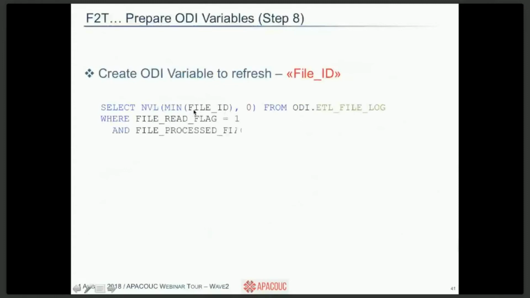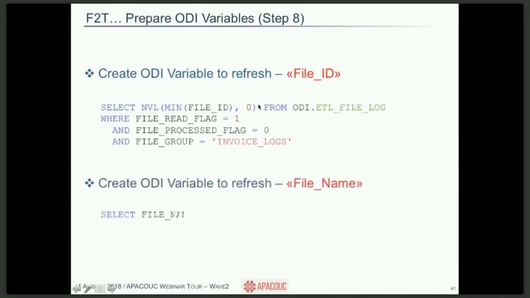So for the variables, as I told you, there is the minimum file ID. If there is no minimum file ID, return it as 0 to avoid any errors within ODI procedures. And the file read flag should be equal to 1, so it should be read and it shouldn't be processed. And the file group is invoice logs.